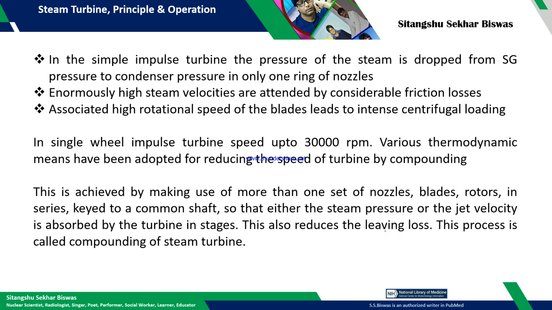In case of a single wheel impulse turbine, the speed can go up to 30,000 rpm. You know, the design of the bearings to handle the radial and axial thrust is very difficult.